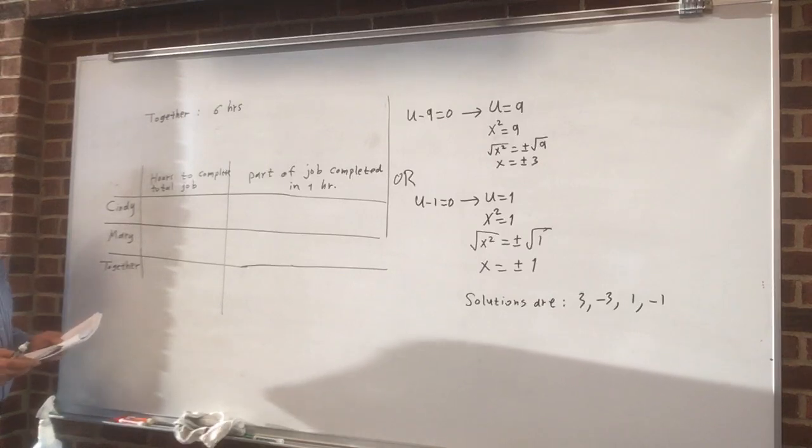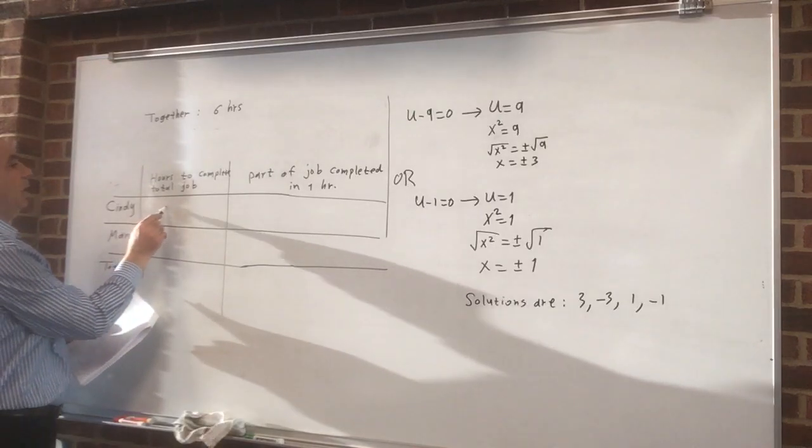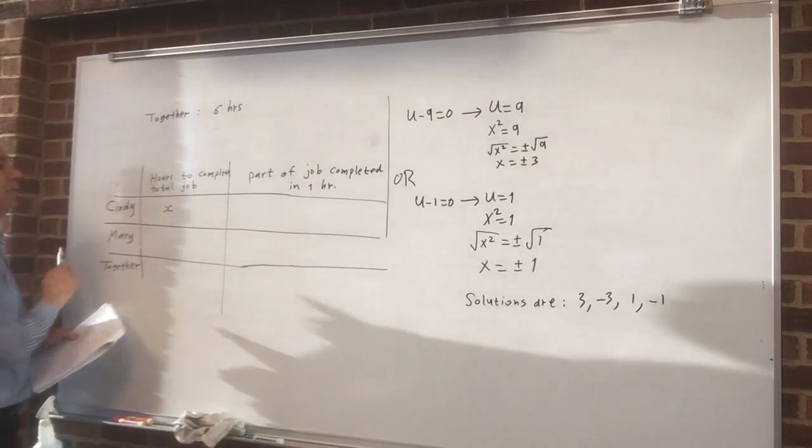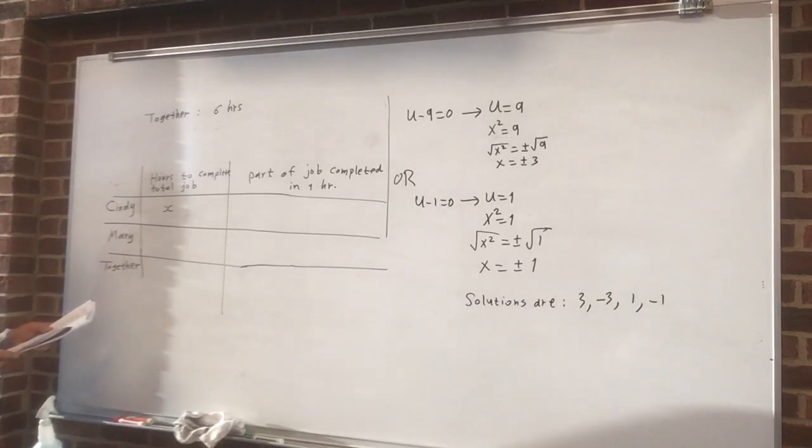So if we let x equal the time that Cindy needs to complete the job, then Mary takes 2 hours faster than Cindy to complete the job.